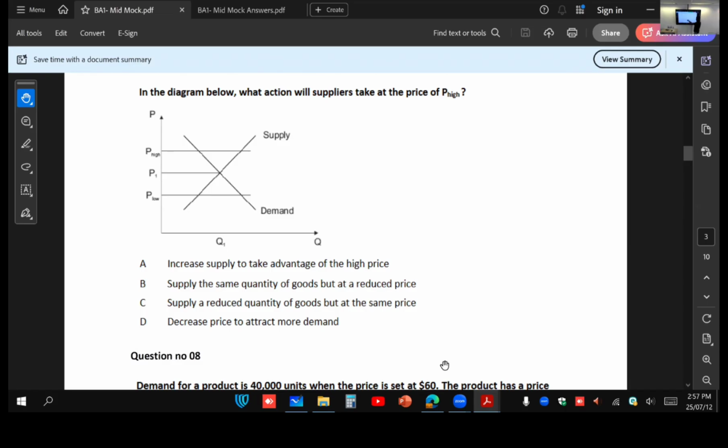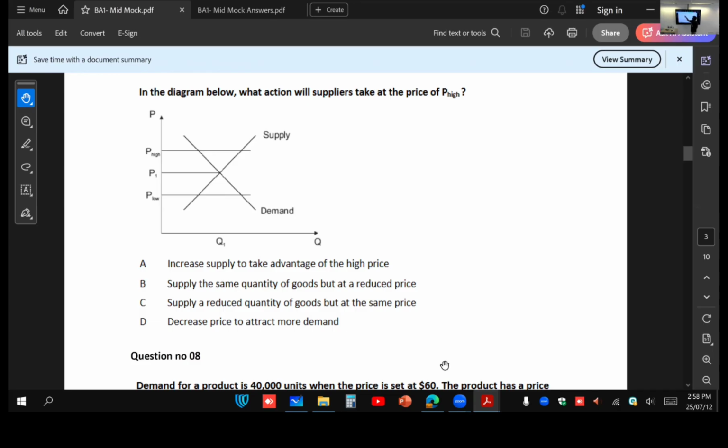So P high is here. What has happened to the demand and supply? Which one is high at P high? Demand or supply? Supply is higher. Demand is lower.